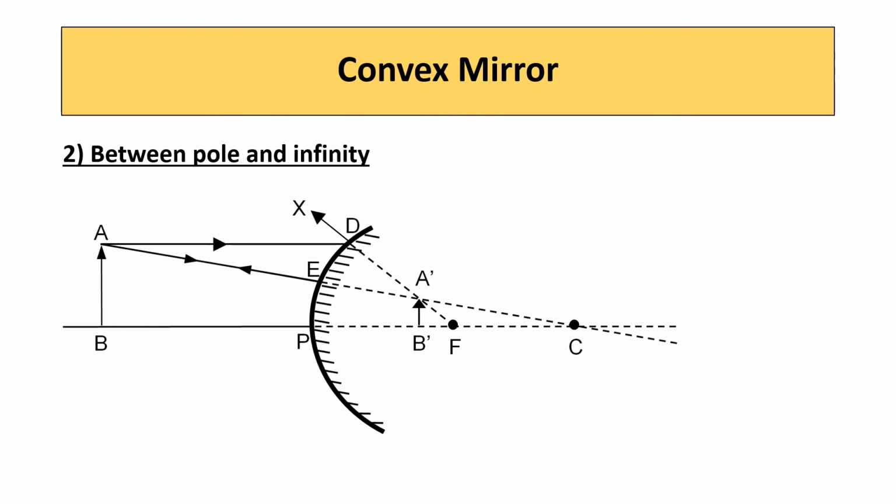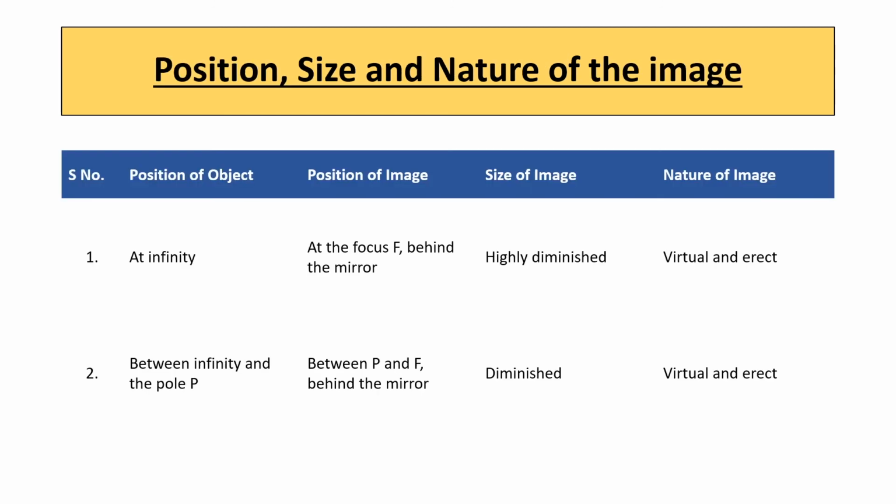The image is small. Image is virtual. Virtual images are always erect. Virtual images cannot be obtained on a screen. And the image is obtained between P and F. This is the image. At infinity, you will get the image at focus and behind the mirror.